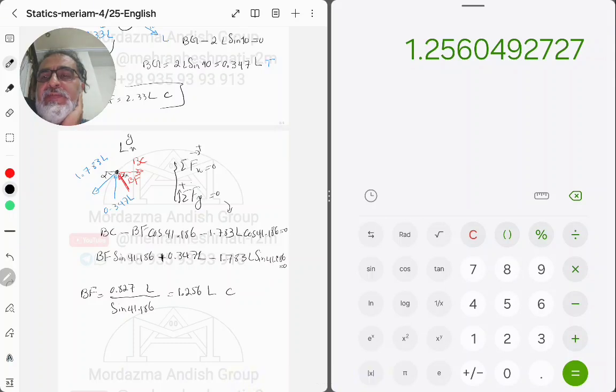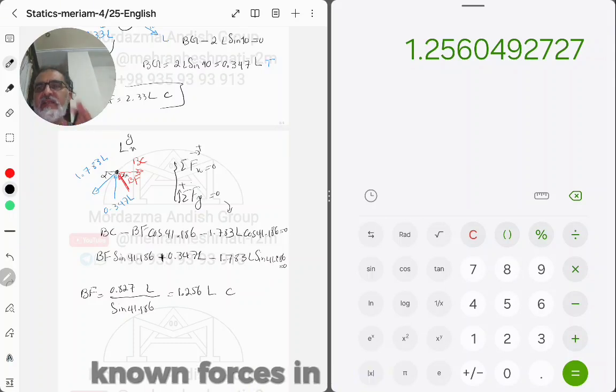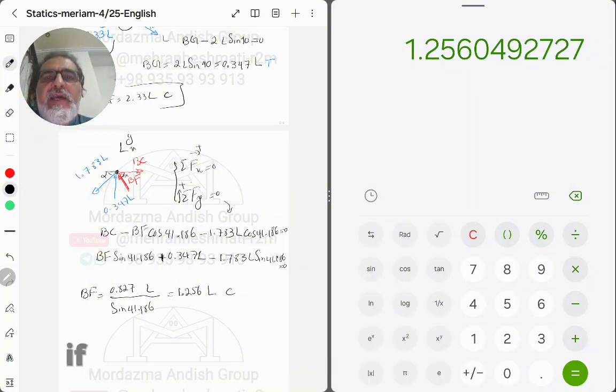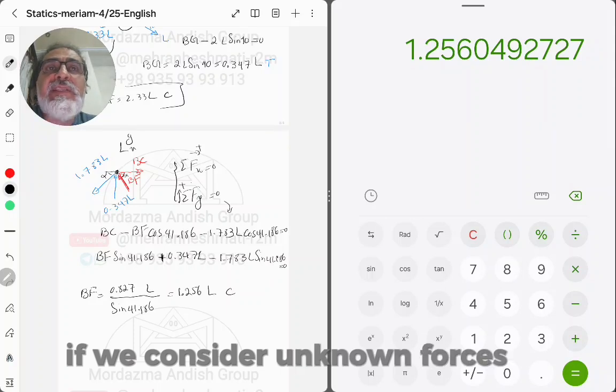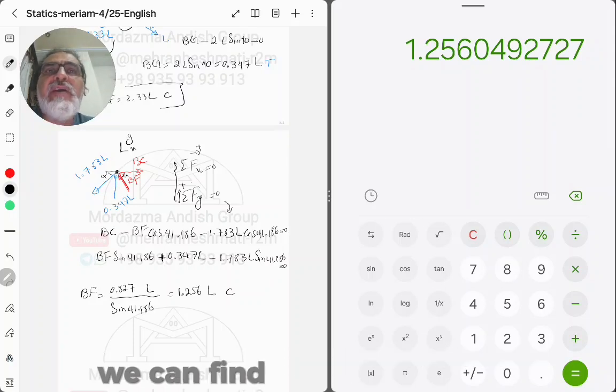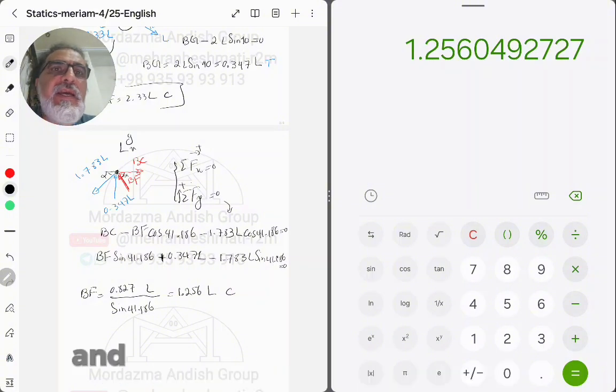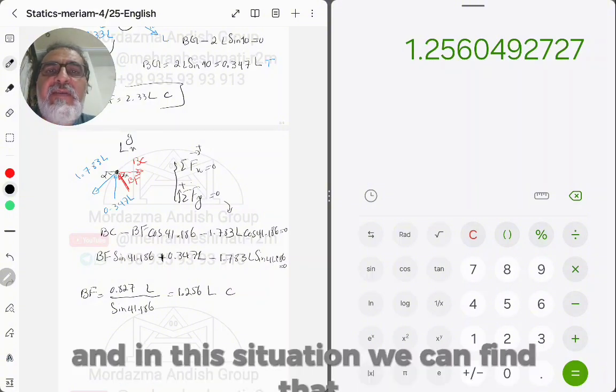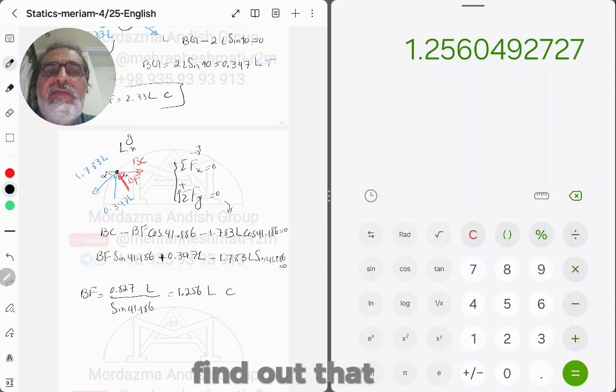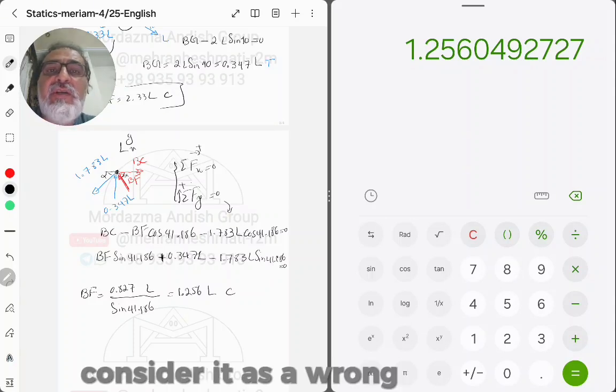In joint analysis, if we consider unknown forces in a wrong direction, we can find a negative amount. And in this situation, we can find out that we considered it in a wrong direction.